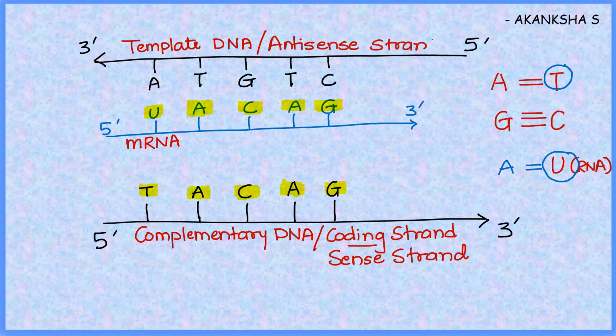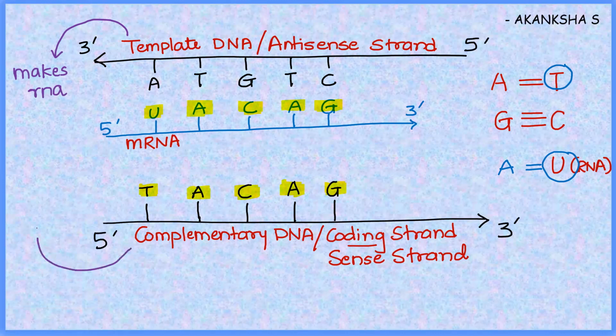How I help my students remember this is using a simple notion that the template strand is a strand which makes RNA, and the complementary strand is a strand which is a copy of RNA.